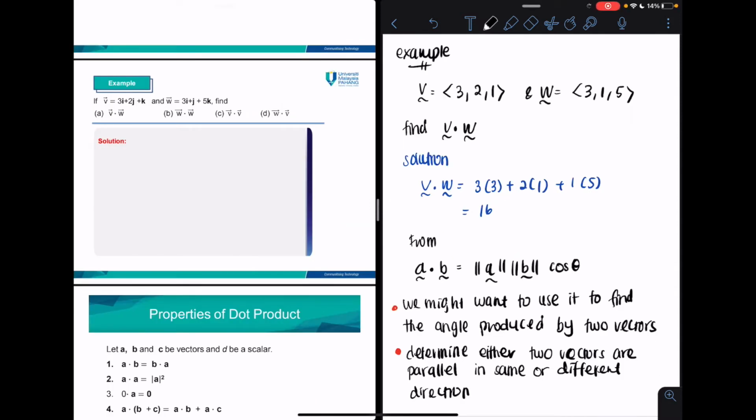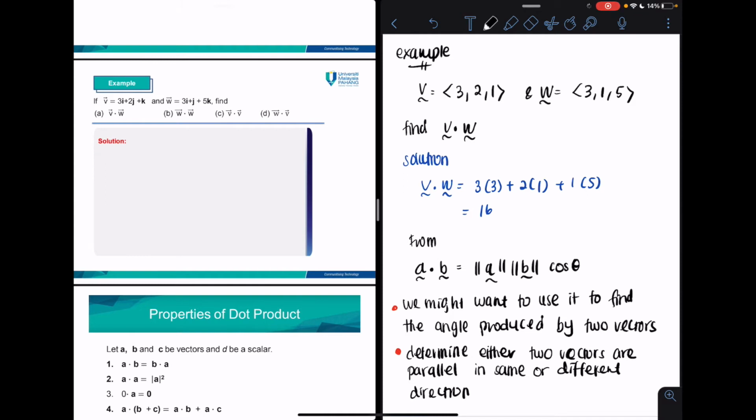Let's discuss this example where the question gives you two vectors, vector v and vector w. Vector v consists of 3, 2, 1, meanwhile vector w consists of 3, 1, 5. Then we ask you to determine the dot product between these two vectors.